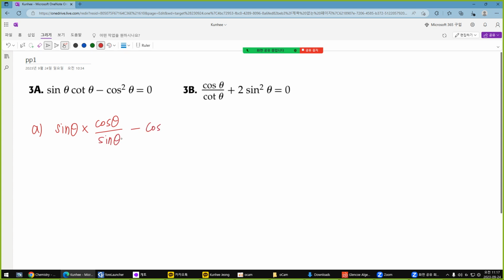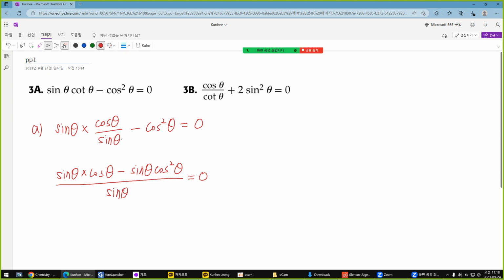Then, make the common denominator. Like this.